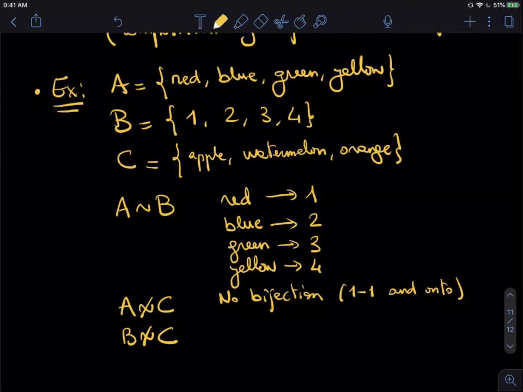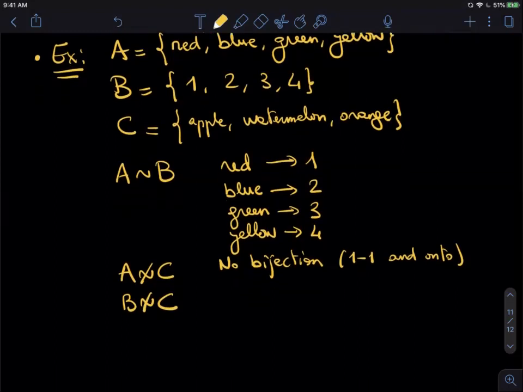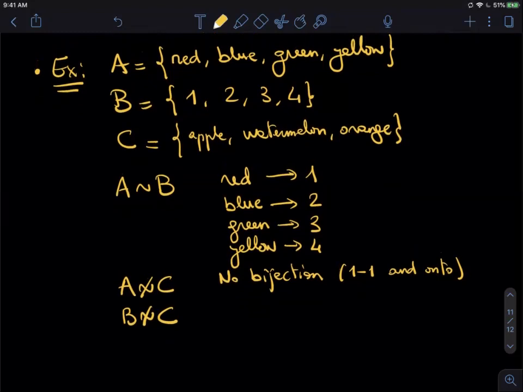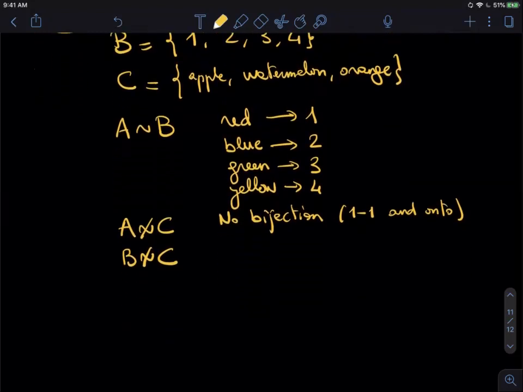Okay, so with this type of sets that are finite, it's very easy to know if they have the same number of elements. But actually this gives us an idea of how to define finite. What is a finite set?